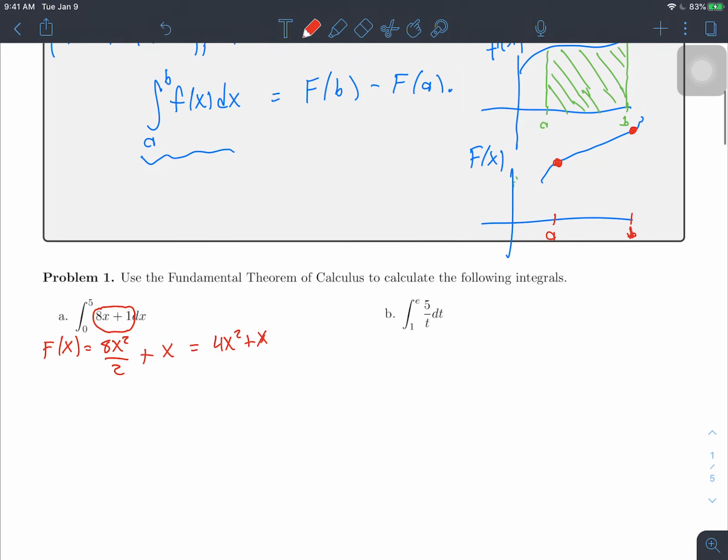And now what I should do is just plug in 5 and 0 and subtract. So we get the integral from 0 to 5 of 8x plus 1 dx equals, let's plug in 5, 4 times 5 squared plus 5, and then we'll subtract when we plug in 0. Well, it'll just be 0. So we get 4 times 25 is 100, plus 5 is 105.